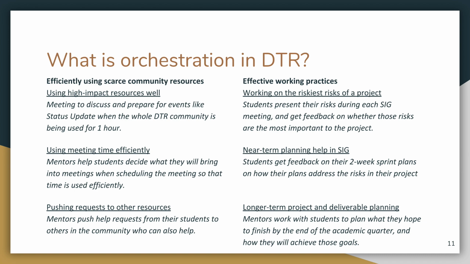And finally, a common theme that arose around using resources efficiently was to push requests that mentors got to other people. For instance, if a student needed help with filling out the sprint log, not necessarily planning, but just using the tool, mentors found that it wasn't a good use of their time to help the student, and instead the students should go ask someone else in GTR who knows how to use the tools and can help them work through their problems.